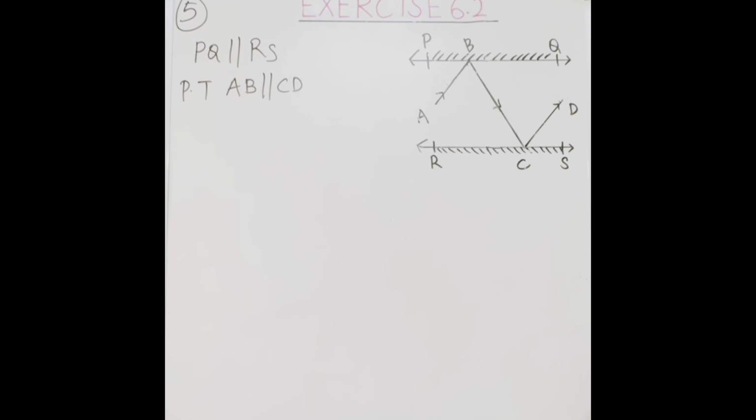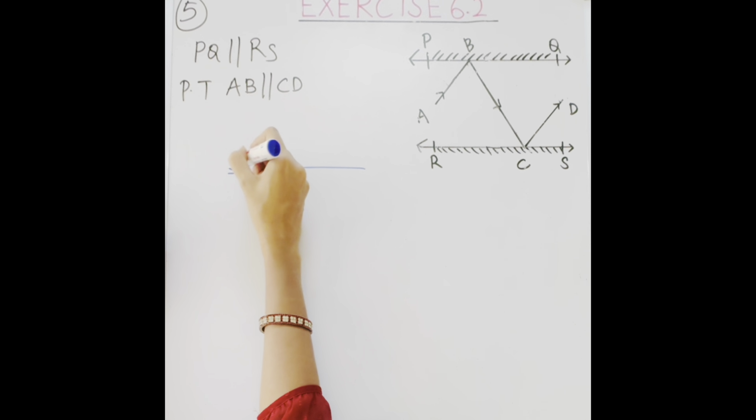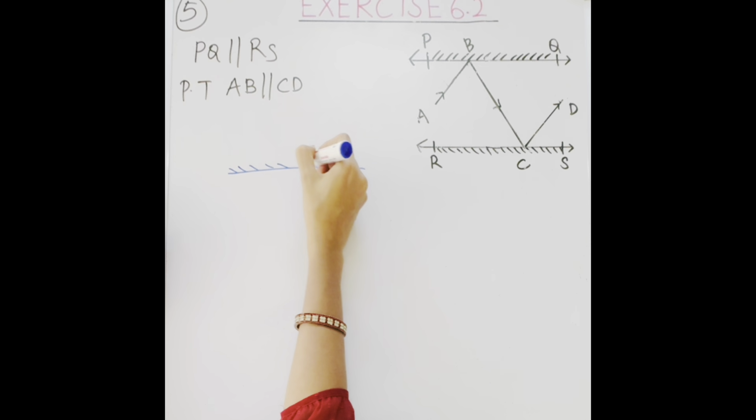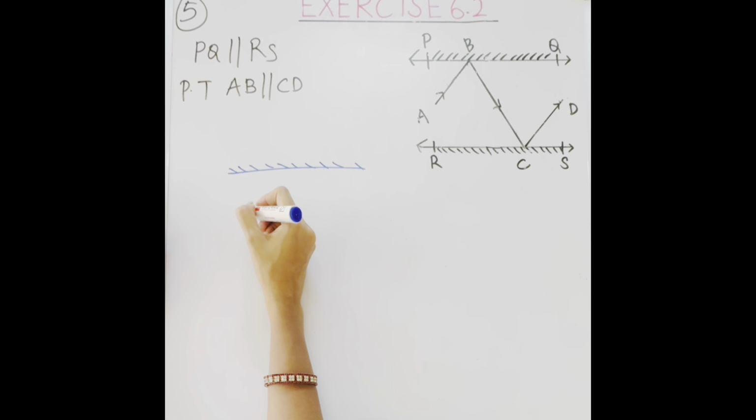To solve the question, first let's look at the concept of incident ray and reflected ray. You have learned in your physics class about angle of incidence and angle of reflection. What is an angle of incidence?